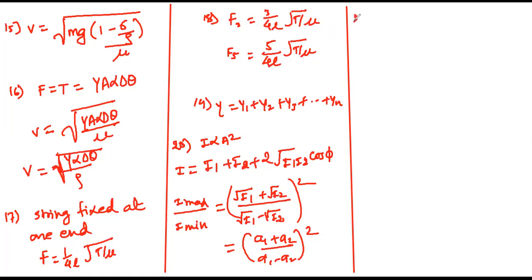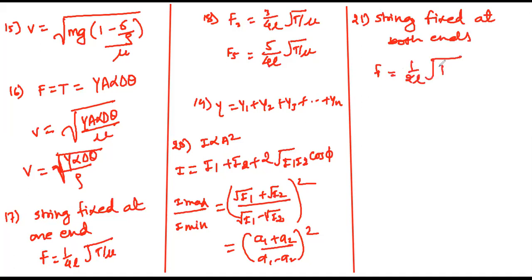Next one, string fixed at both ends. What is the frequency? f is equal to 1 by 2L under root of T by μ.